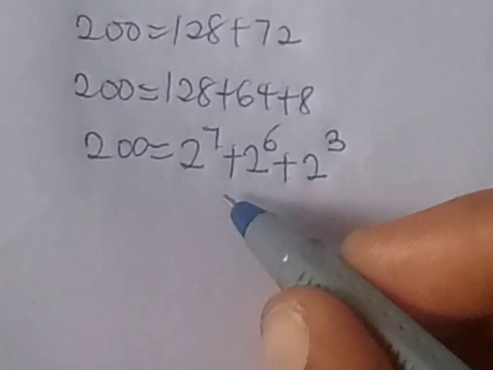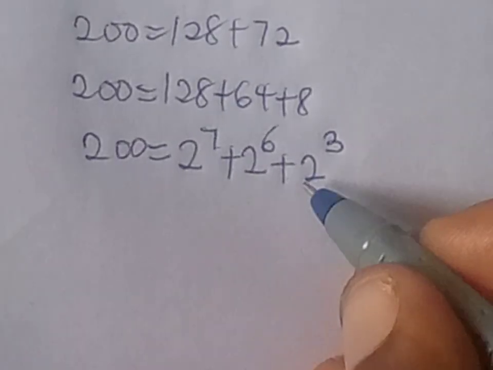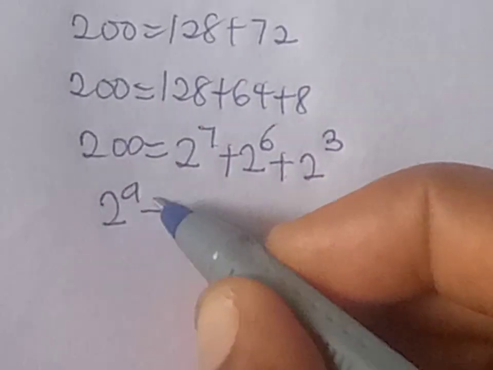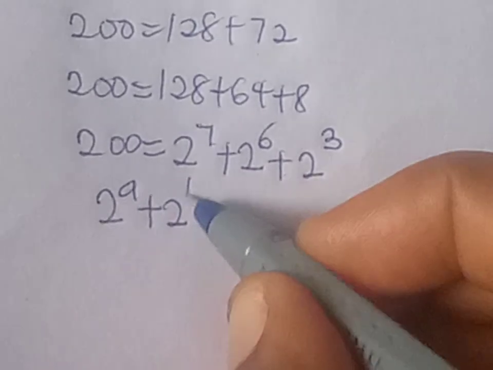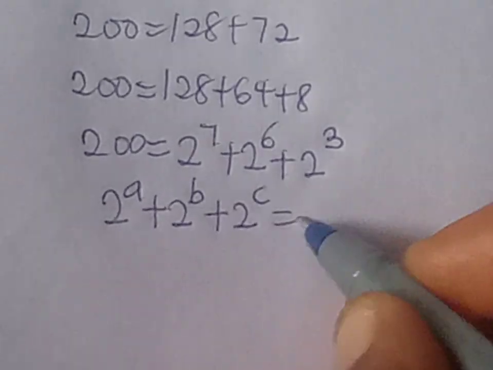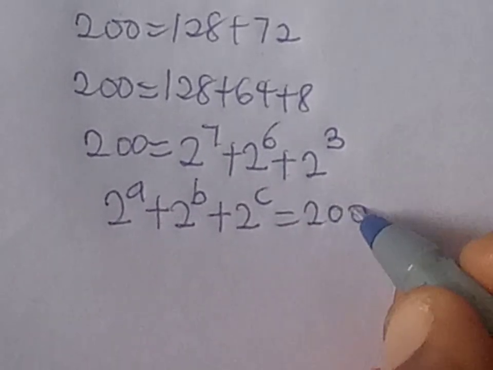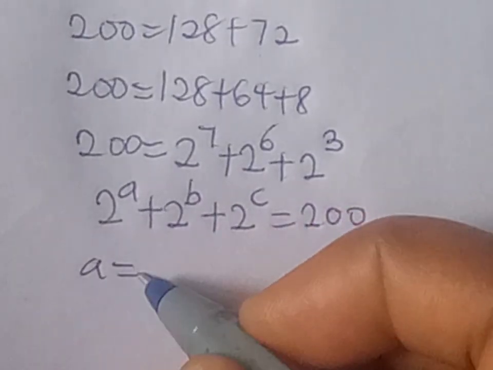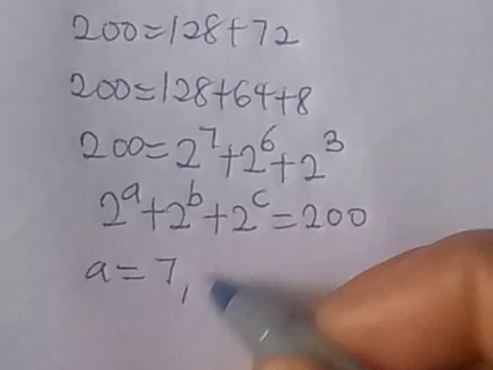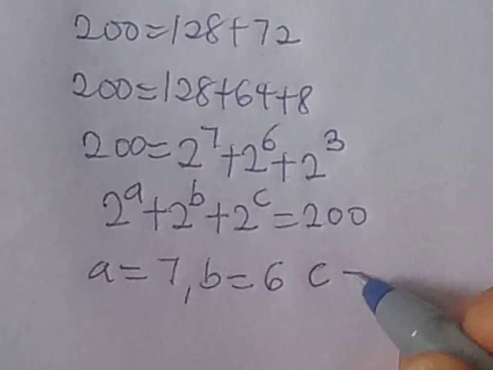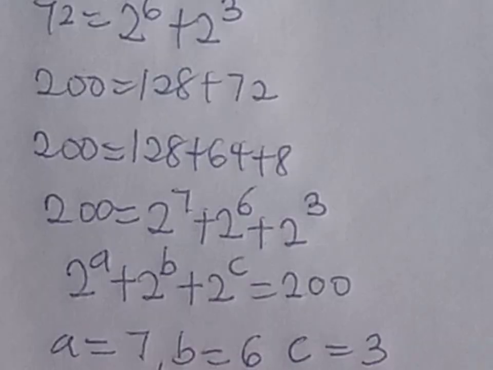Now let's compare this with the original equation, which says 2 raised to the power of A plus 2 raised to the power of B plus 2 raised to the power of C equals 200. Therefore, our A equals 7, B equals 6, and C equals 3.